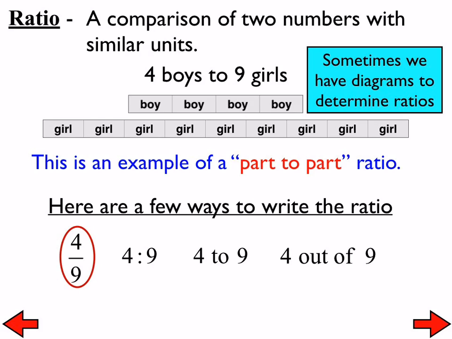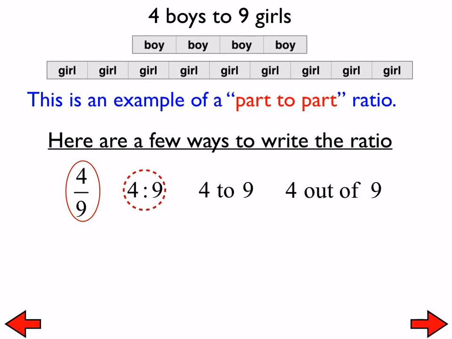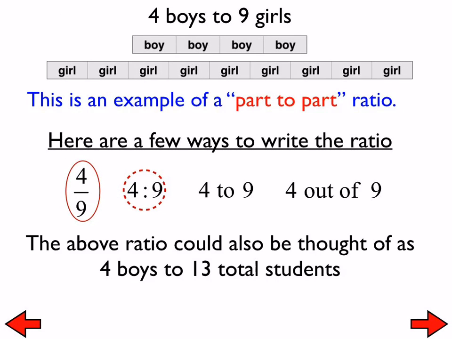Once again, the fraction is the most popular way of writing a ratio. Colon is the second most popular way. And today, in most problems, we'll be writing them both ways. So one other way of looking at that specific ratio would be 4 boys out of 13 total students.